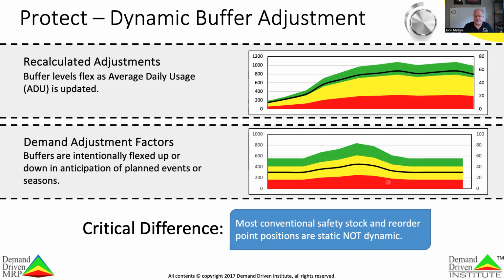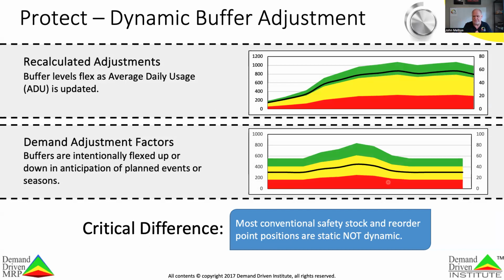Conventional safety stock and reorder point positions are usually static, and they only change when somebody realizes there's a problem. There are some cases where they are dynamic, but still it's a determination, like a line you've crossed. Safety stock is essentially the new zero. So you've just reset from 0 to whatever number you put in safety stock, but the problem didn't change. When you hit safety stock or you hit 0, MRP reacts exactly the same.